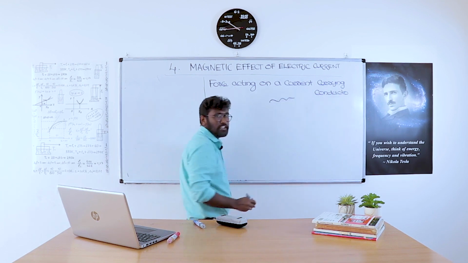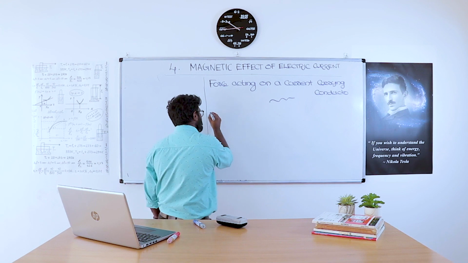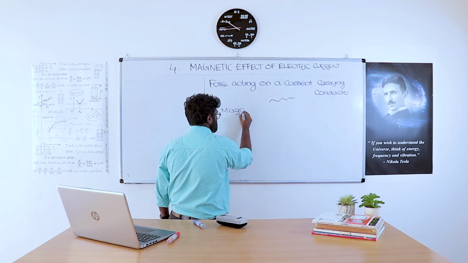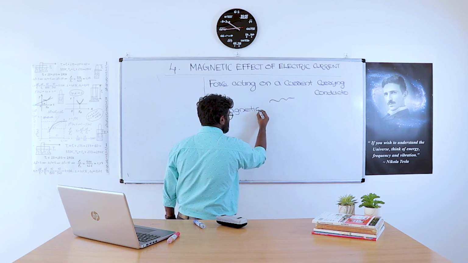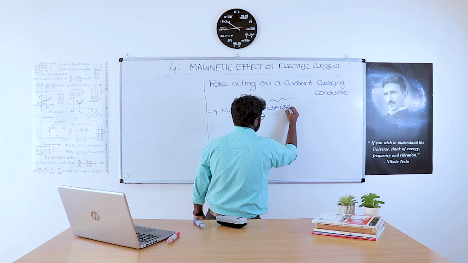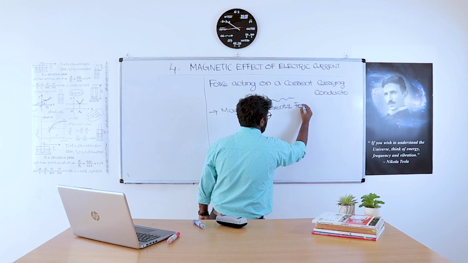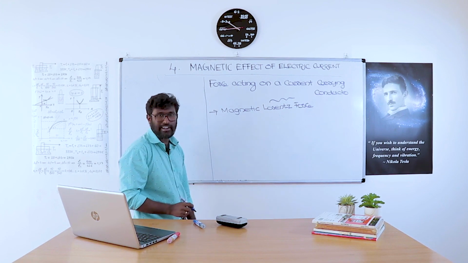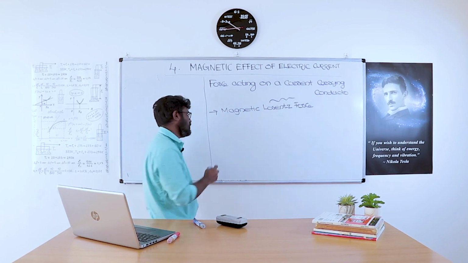So the force acting on a current carrying conductor is simply called magnetic Lorentz force. What is meant by magnetic Lorentz force?